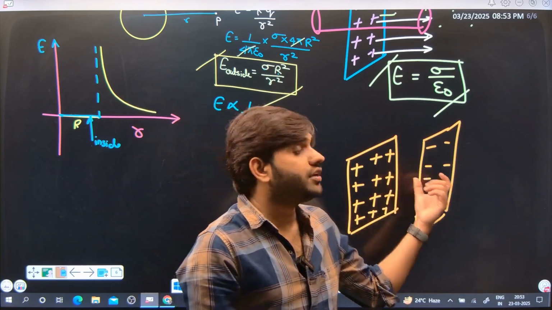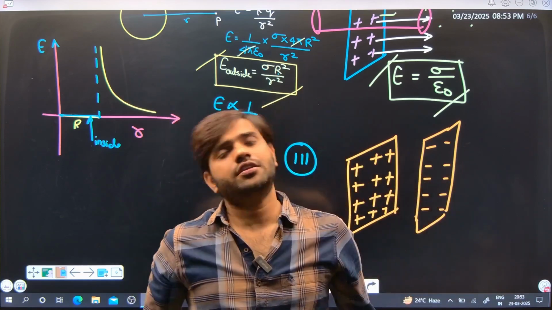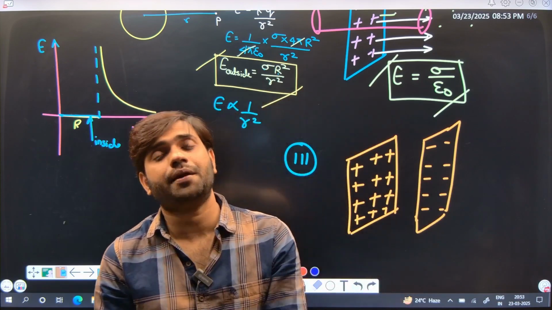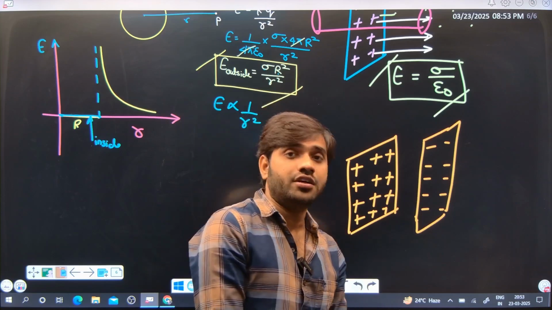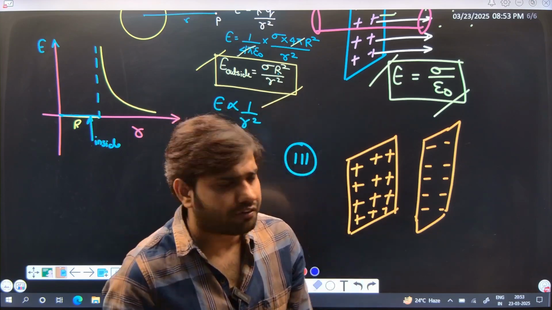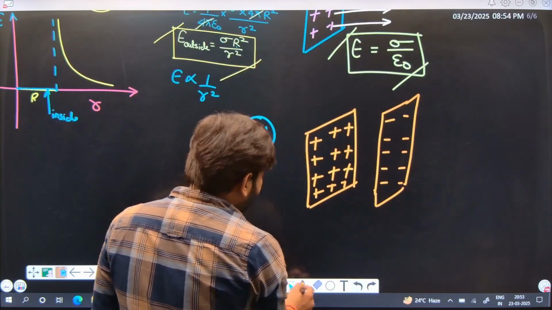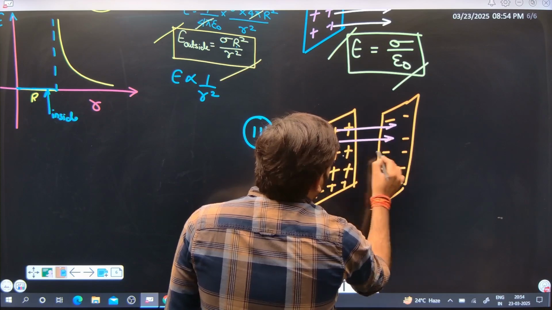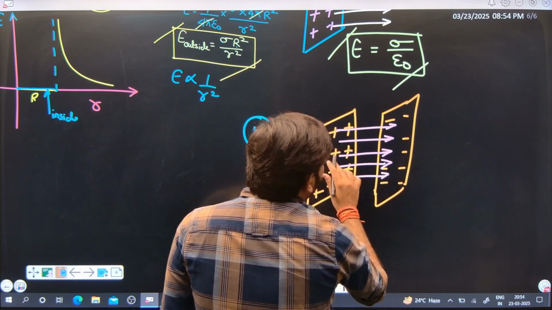If I place them parallelly, then what will happen? This is a very interesting phenomenon of capacitors, parallel plate capacitors. So we have to learn and understand it in the classroom itself. So what is the formula? The electric field only goes from positive to negative.